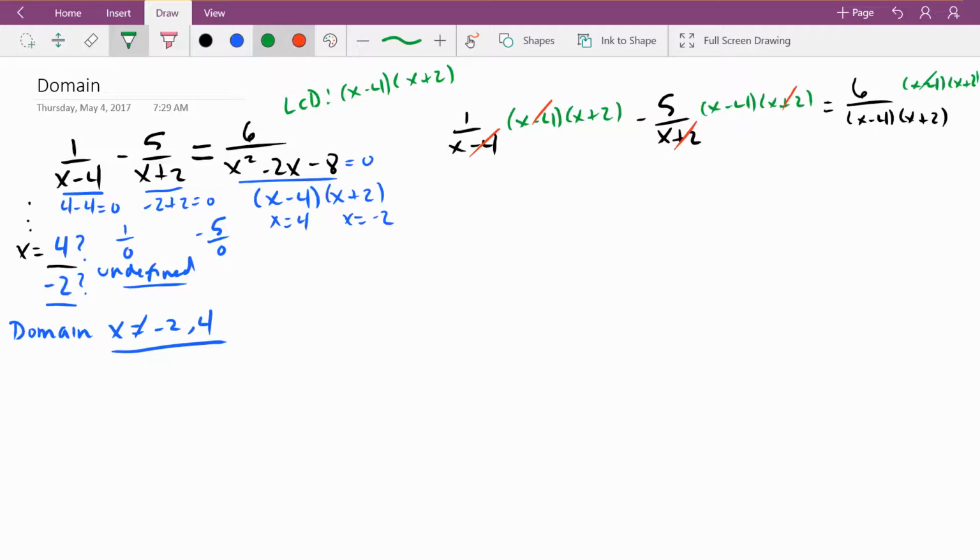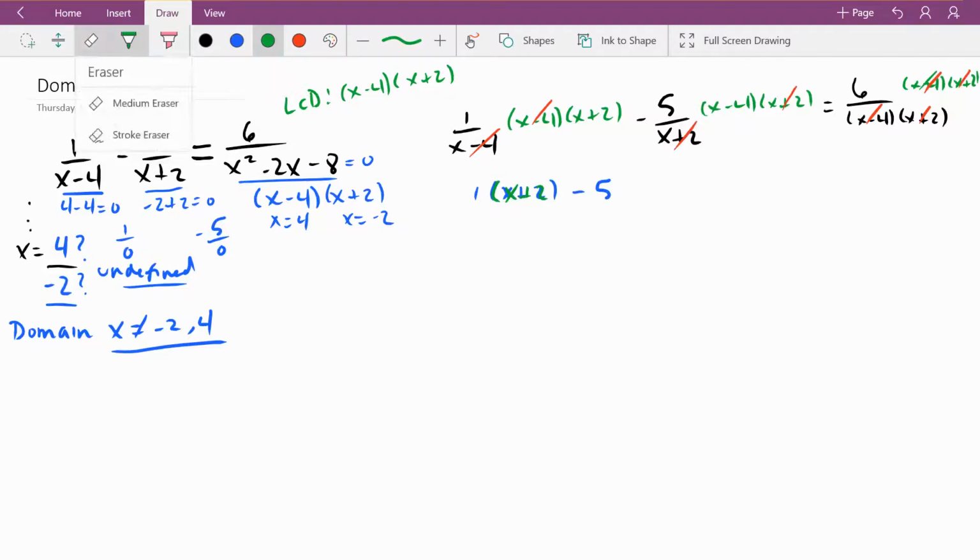Oh, change the red. So we result in, let's see, we're left with 1, which I don't really need, but 1 times x plus 2 minus 5 times x minus 4. Probably should have done that in green. Oh well, x plus 2.